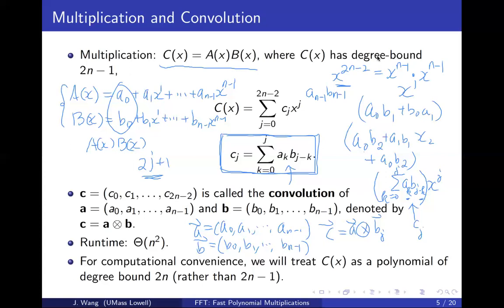So j goes from 0 to 2n minus 2. Basically, how many times do you do this? You add them up. When j is 0, you get 1. When j is 1, you get 5.